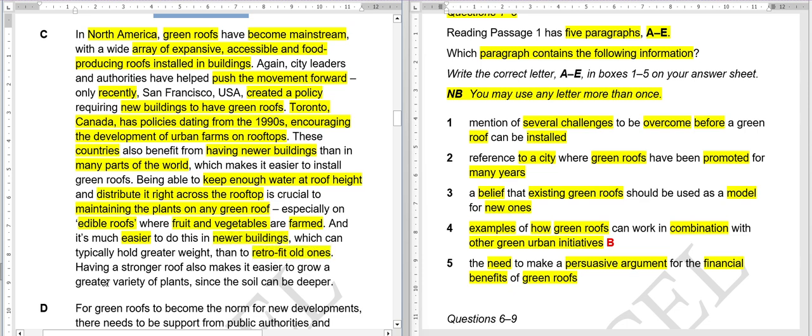Having a stronger roof also makes it easier to grow a greater variety of plants since the soil can be deeper. So newer buildings have stronger roofs, and it's easier to grow a greater variety of plants because the soil can be deeper. We can put a lot of soil on the roof because it is strong and will not crumble against that kind of weight.